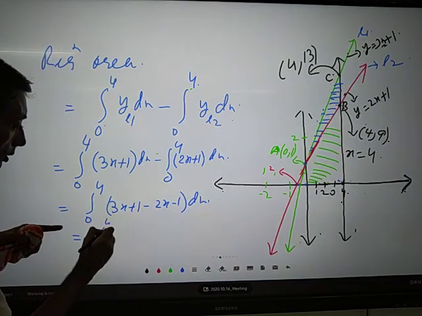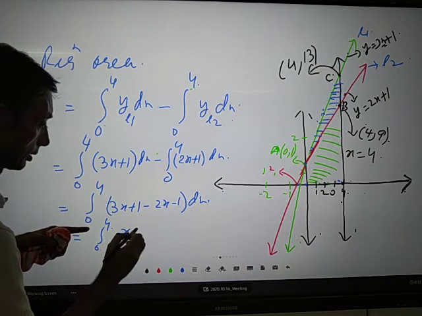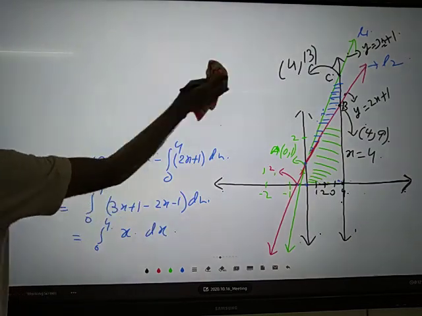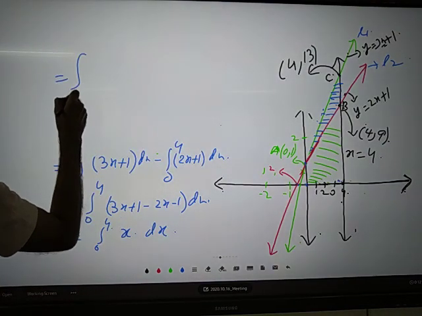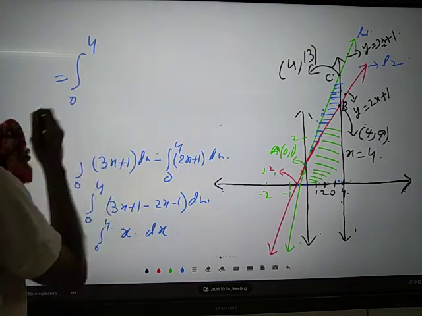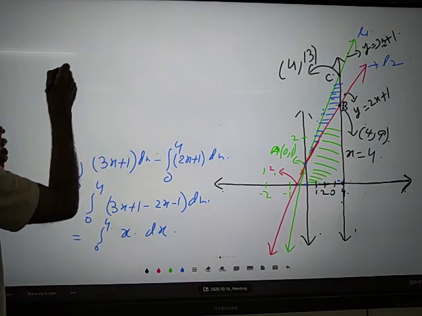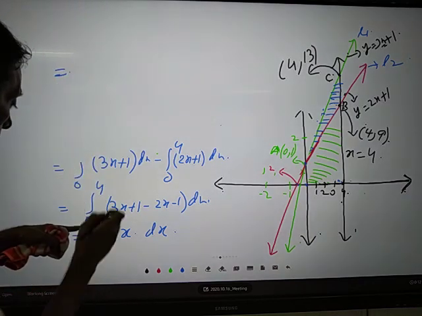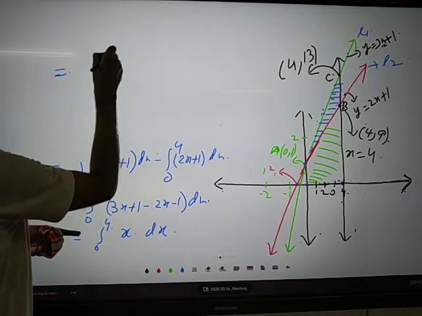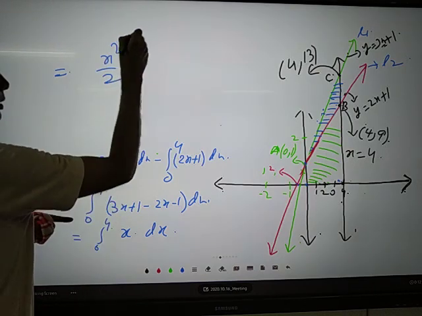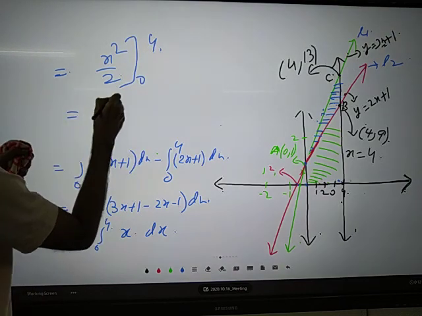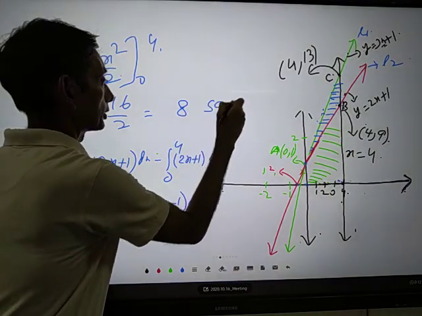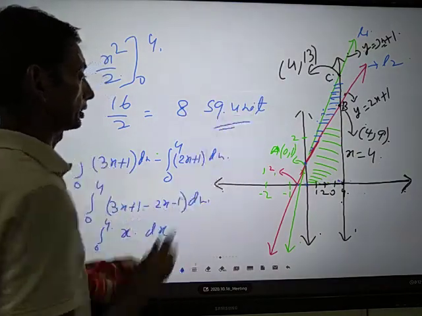That gives the integral from 0 to 4 of x dx. So we need to integrate now: x square by 2, from 0 to 4, so it will be 16 by 2, which gives us 8 square units.